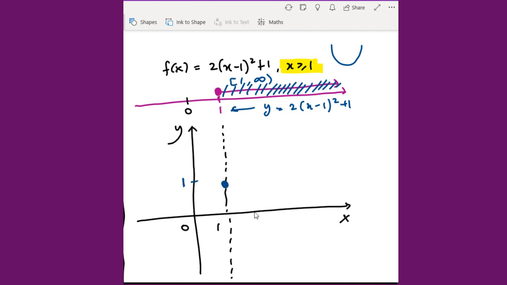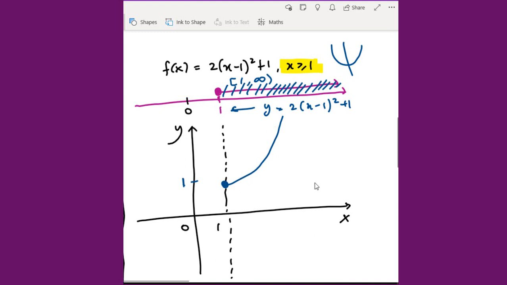Try to check one more point, let's say 2. 2 minus 1 is 1, 1 squared plus 1 is 2, and so the graph is increasing. So the graph is half of the whole graph. Just sketch this. This is the graph for the given domain.